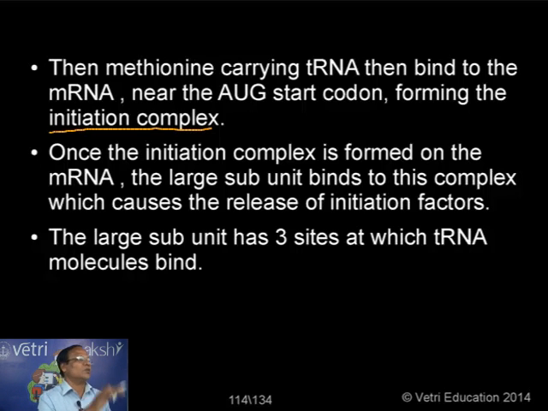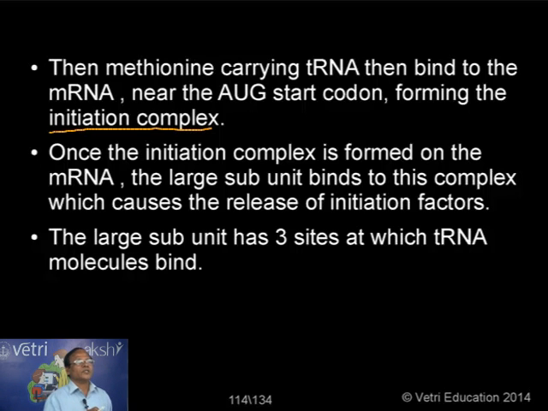This is called the initiation complex. As soon as the initiation complex has been formed on the mRNA, what will happen? Immediately the large subunit joins with the small subunit and also causes the release of GDP, the energy source, along with the release of the initiation factors.